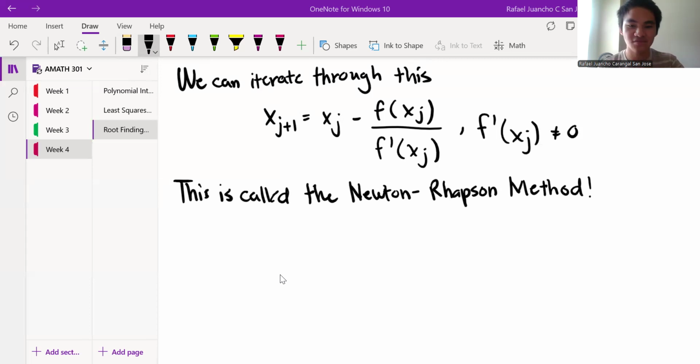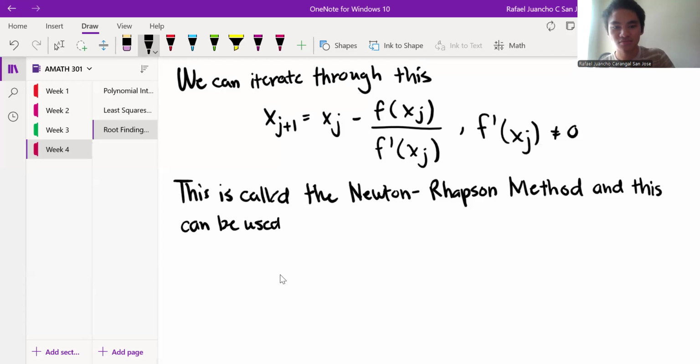Well, we can approximate it using our previous iteration, right? And this can be used if we know our derivative, f prime.